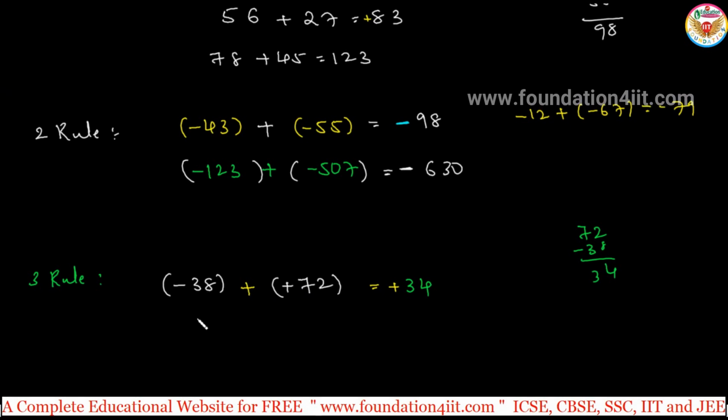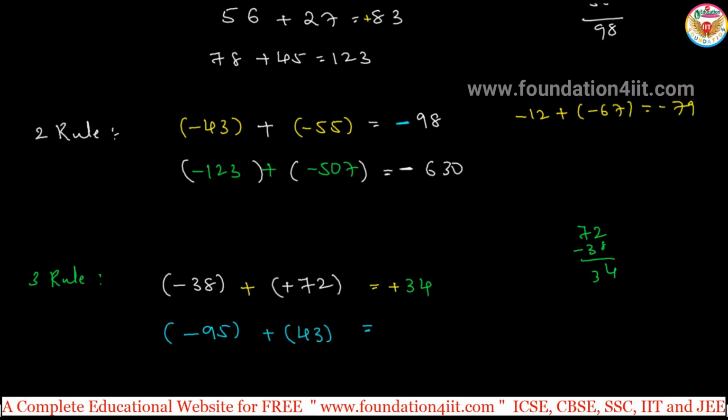Let's take an example. Negative 95, I need to add with plus 43. So this is a negative integer and a positive integer. According to the rule, take the greater numerical value.